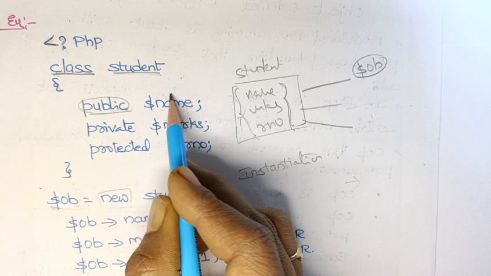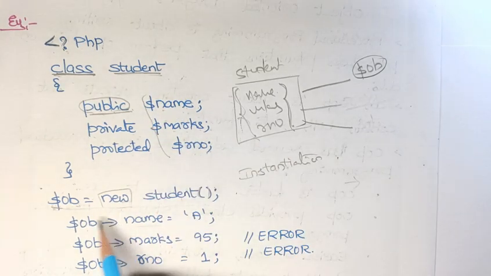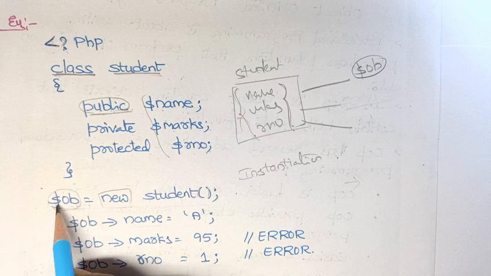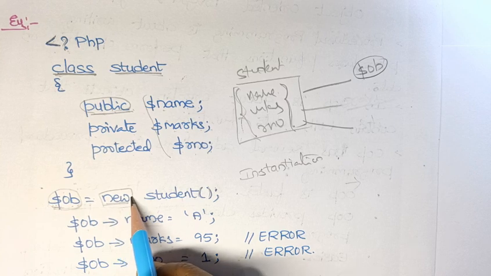To access these class variables, you need to create an object. How do you create an object in PHP? $objectname, any name you can consider. For example, I have taken here $ob. $ob is equal to new. New is the keyword.